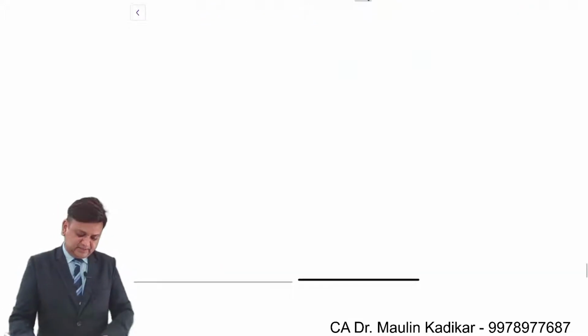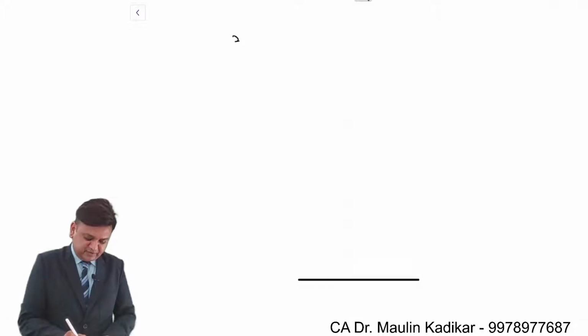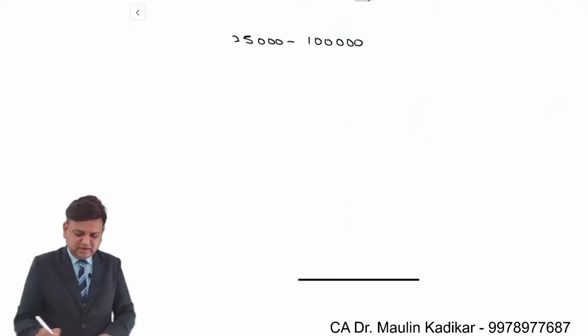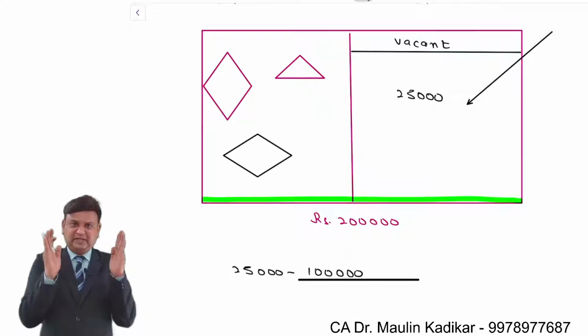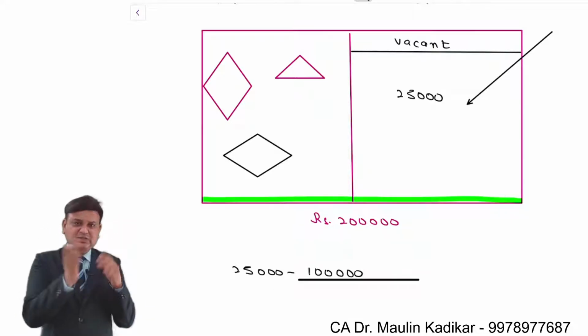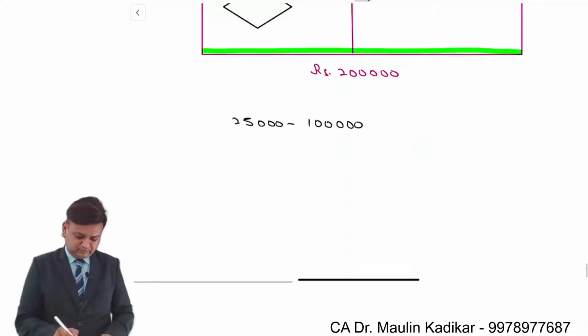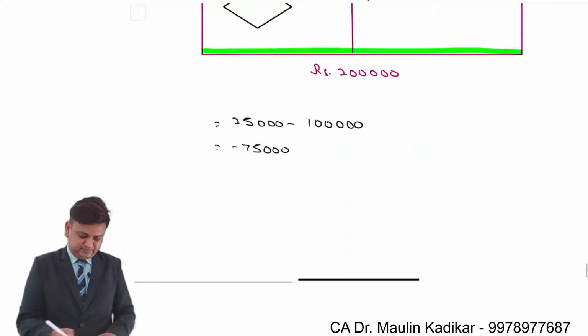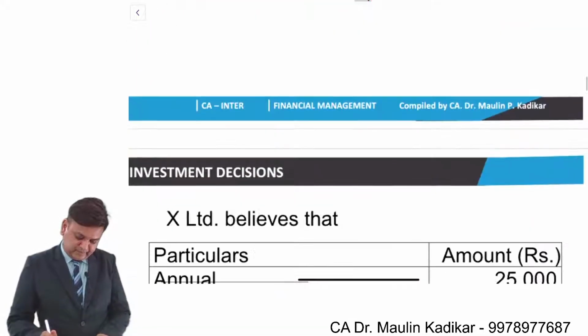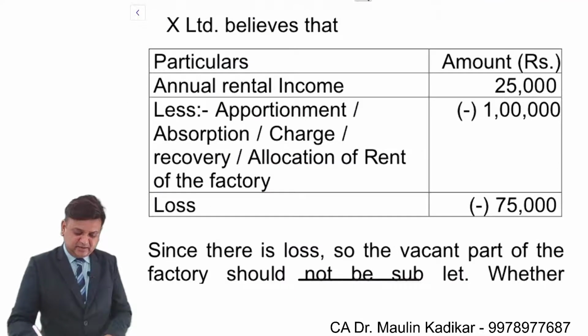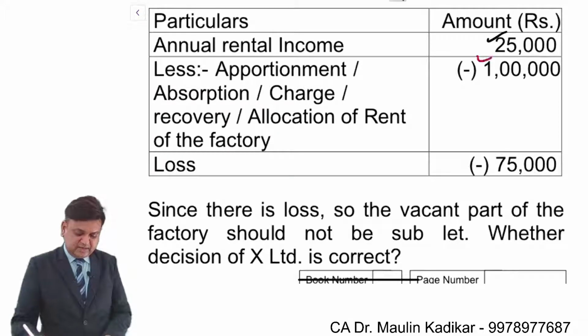What the company is thinking is that we will get an income of 25,000 and there is a rent of 1 lakh. How is this 1 lakh calculated? The 2 lakh rupees is for the entire factory, so for each of the sheds it is 1 lakh. That is the way there is a loss of 75,000. X Limited believes that rental income is 25,000 less 1 lakh rupees rent.